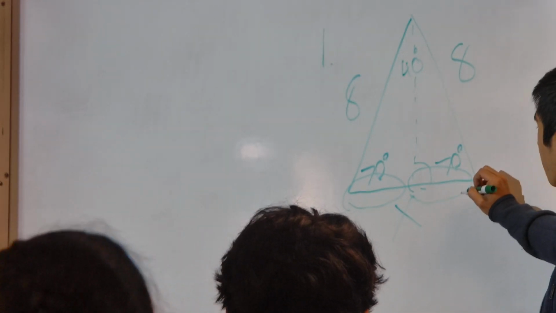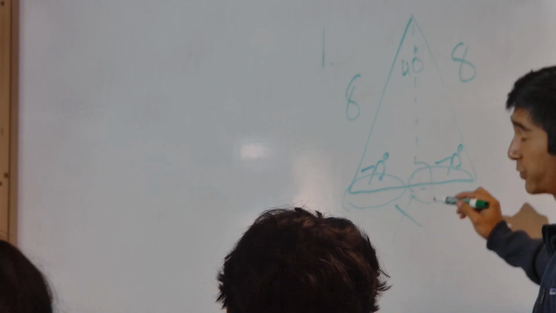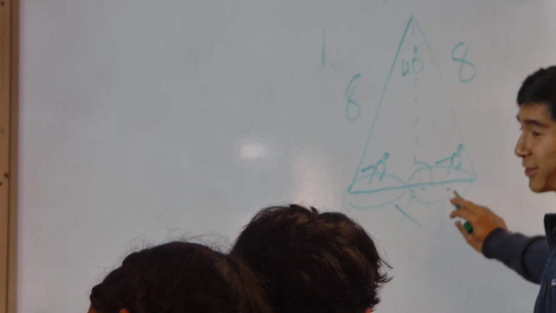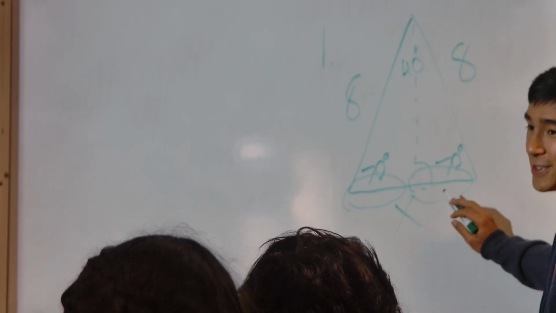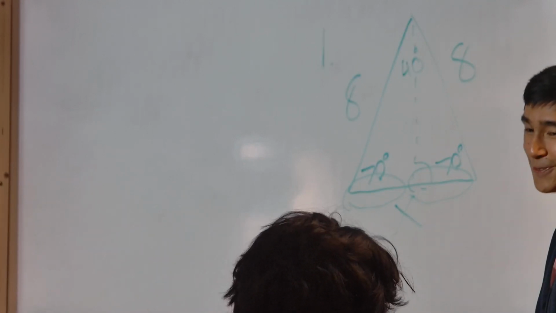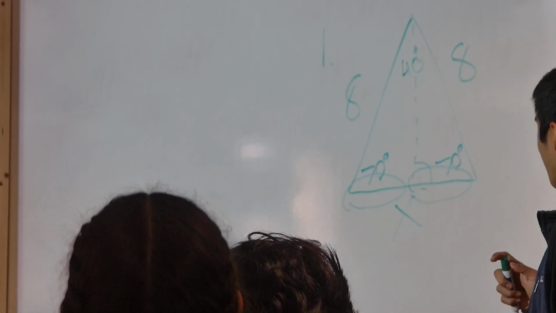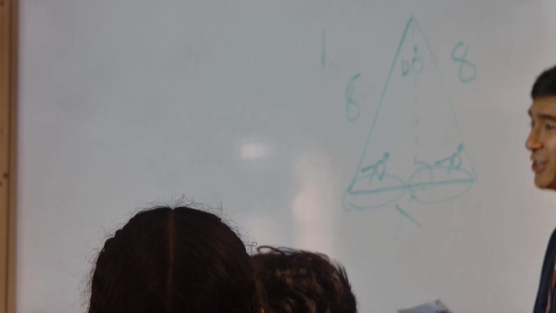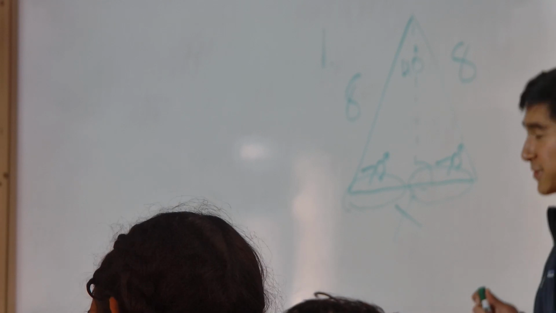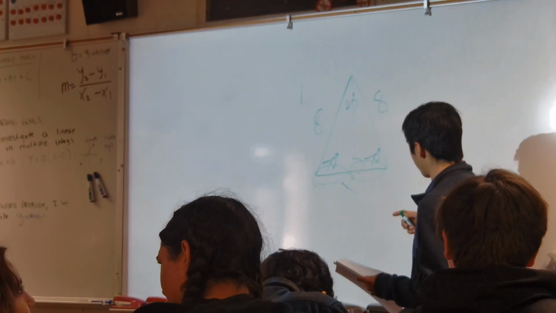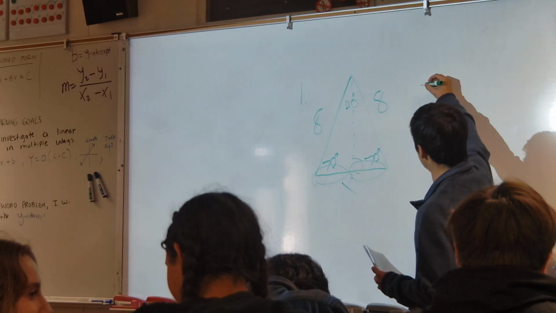What equation did you guys use? Does anyone want to give an answer? Which trig identity did you use? That can work. Okay, I'm just going to give you the answer right now.